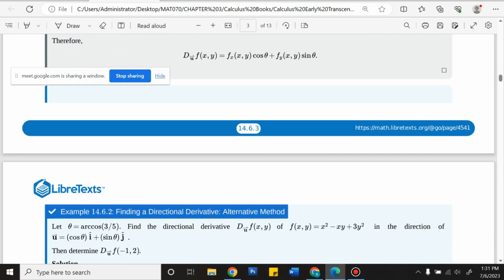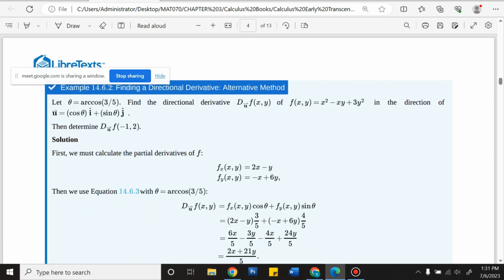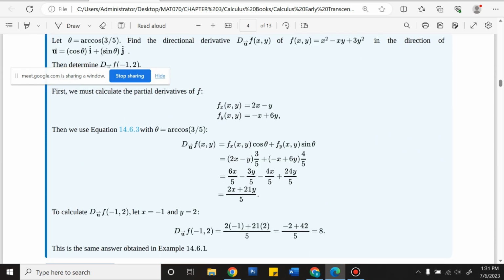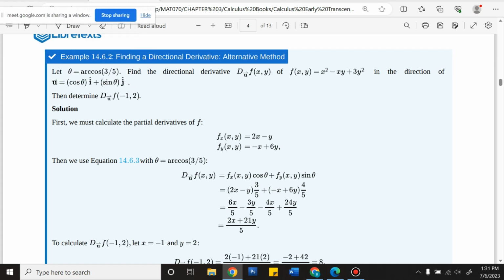Now, for example, proceed to what was given here. We got the same problem, but this time, the solution uses the theorem. Now, using the theorem, take note that we get the derivative with respect to x, then the derivative with respect to y. The derivative with respect to x will be multiplied to cosine theta, and the derivative with respect to y will be multiplied to sine theta.